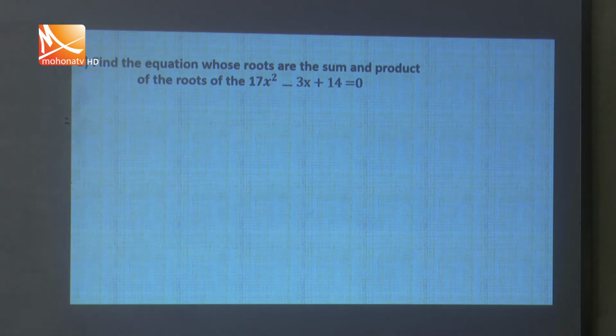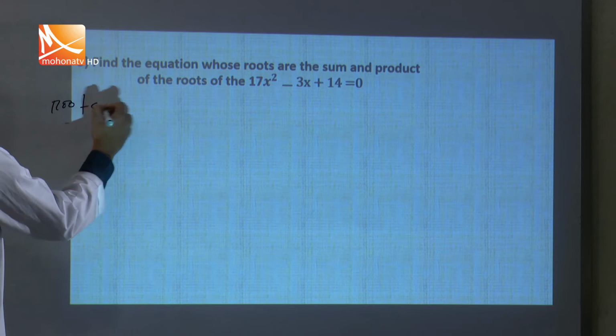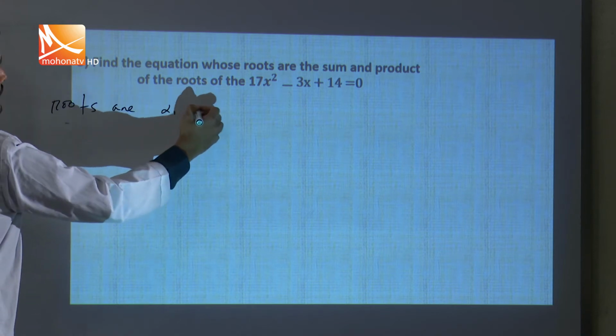Let the roots of the equation 7x square minus 3x plus 14 be alpha and beta.